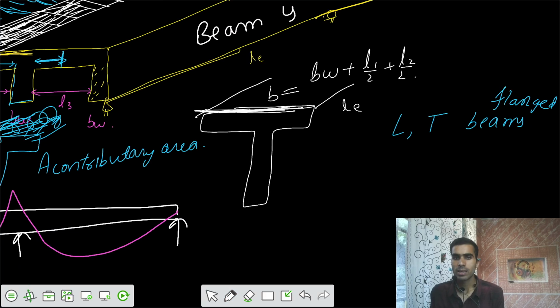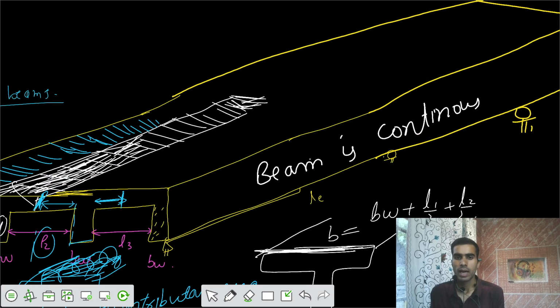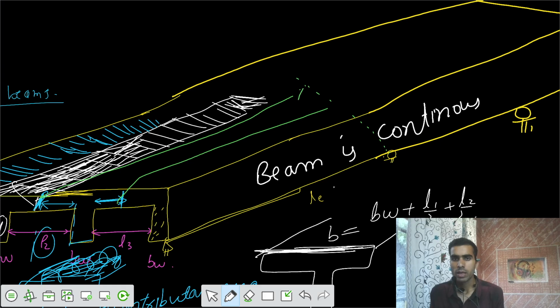But these flanged beams are continuous throughout the span. Somewhere near the support level we have the same sort of beam. If I extend this beam somewhere here and cut this section, there is a beam section that is T type, but it is near the support.